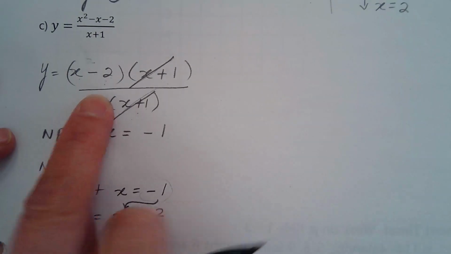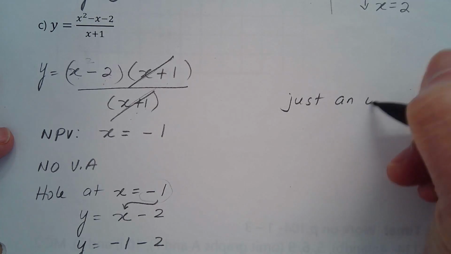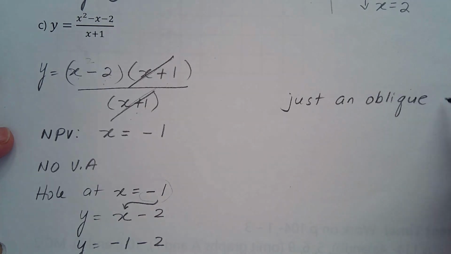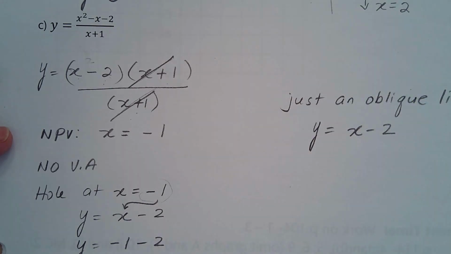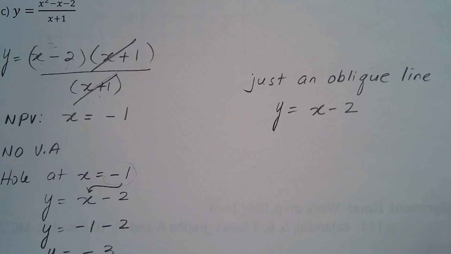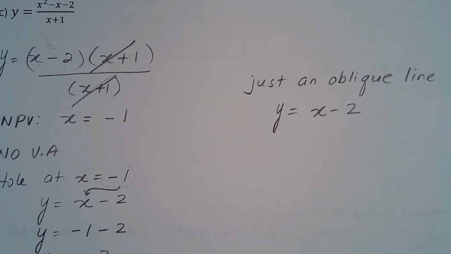So that's going to give us just a line, y equals x minus 2, and then there's a hole at negative 1, negative 3.